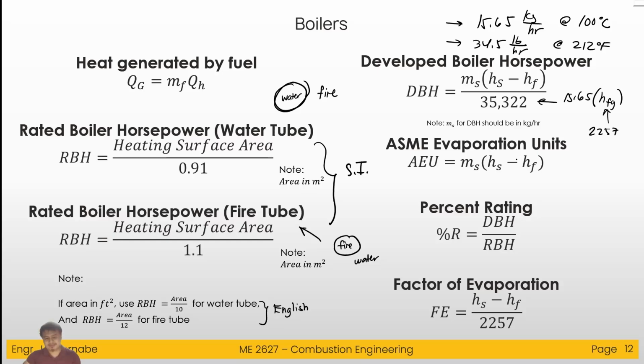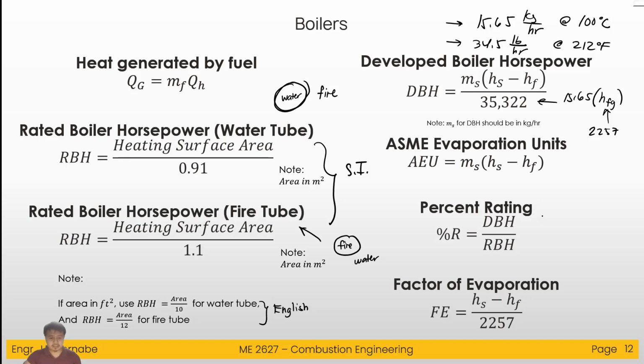And then moving on, we have the evaporation units. For the evaporation units, this is just the mass flow rate times HS minus HF, basically the output: the enthalpy of steam exiting the boiler minus the enthalpy of the liquid water entering the boiler.